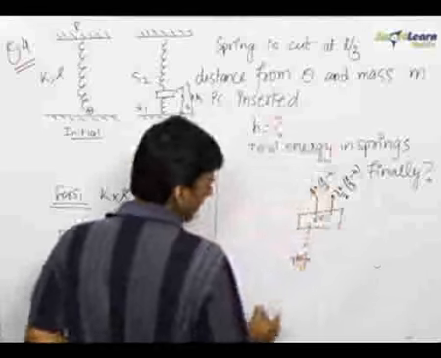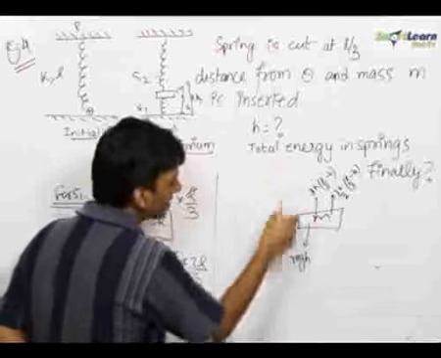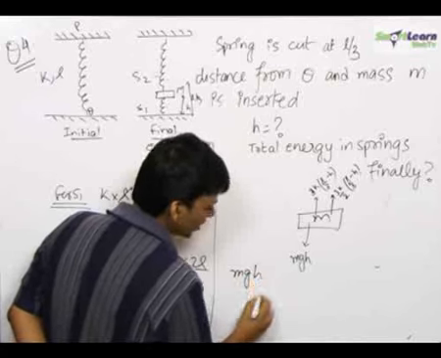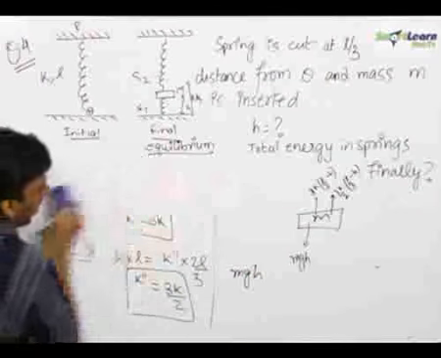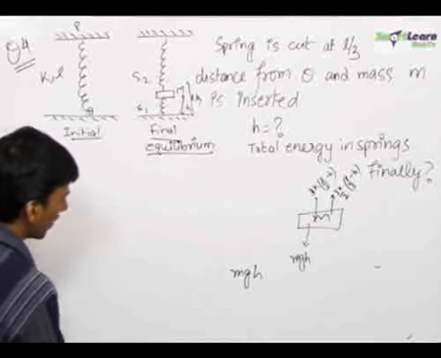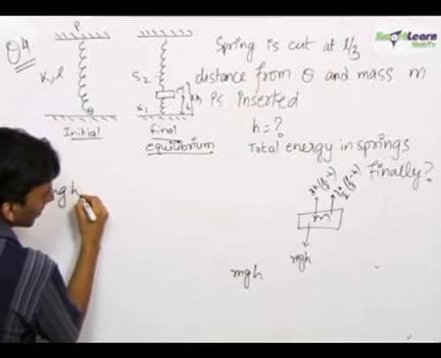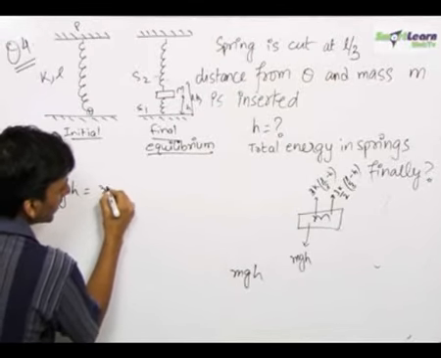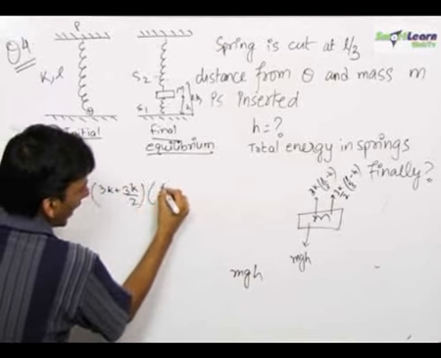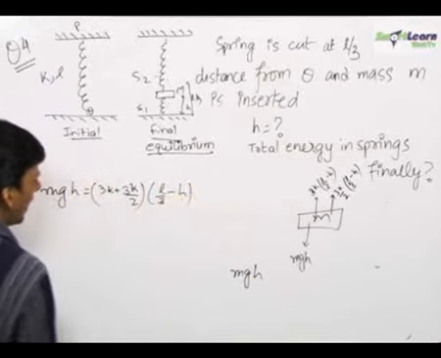So for this mass m, we now balance these forces to get the equation mg is equal to 3K plus 3K by 2 into L by 3 minus h.